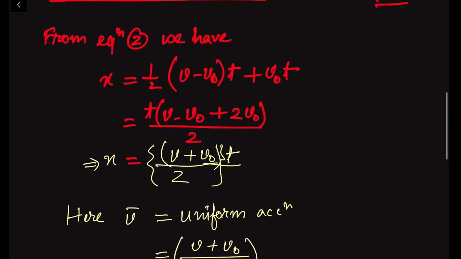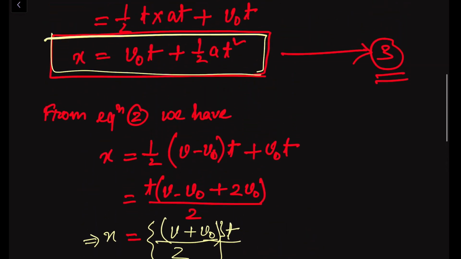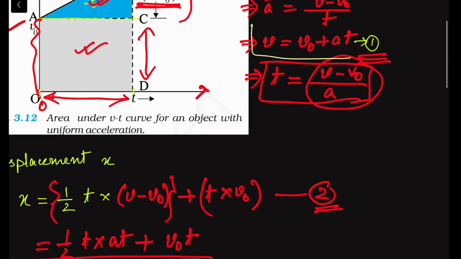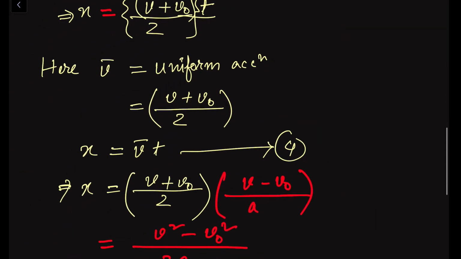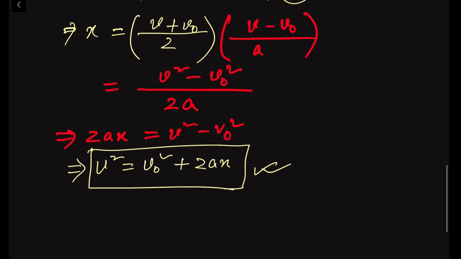Then the second equation is this one, the second most important equation, and this one was the first important equation. You have to keep these in mind for solving problems. Sometimes the displacement x is denoted with small s also, and sometimes the initial velocity V0 is replaced with u.